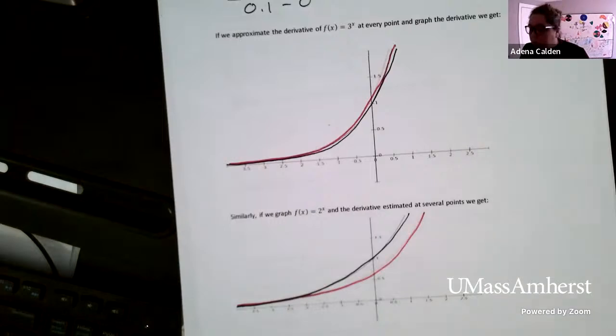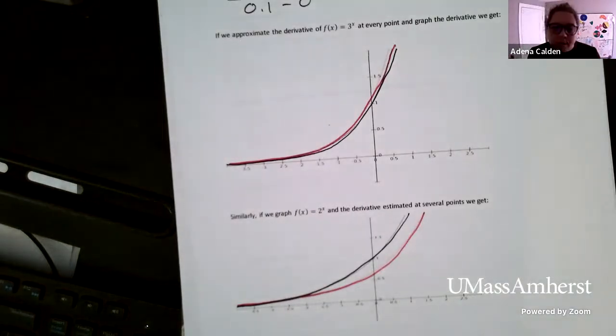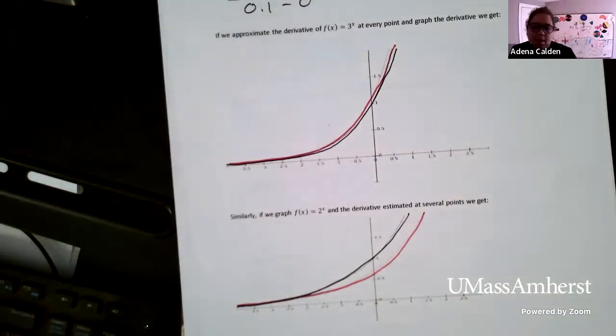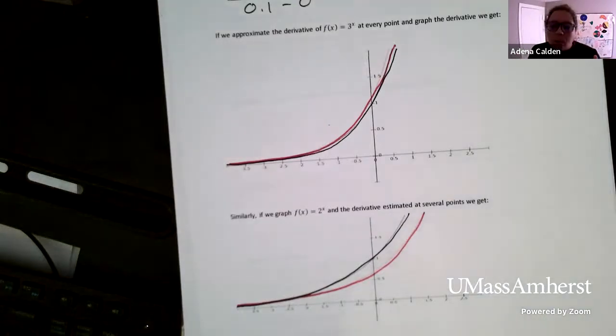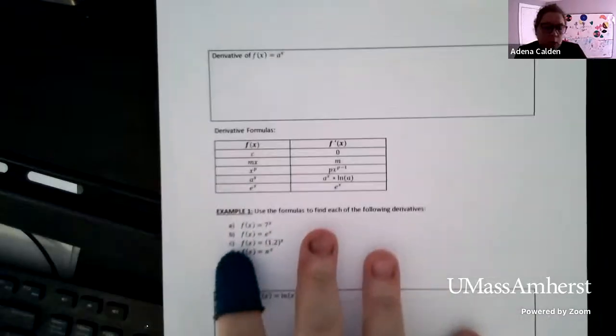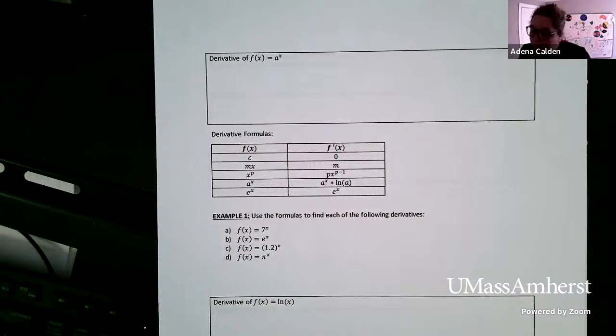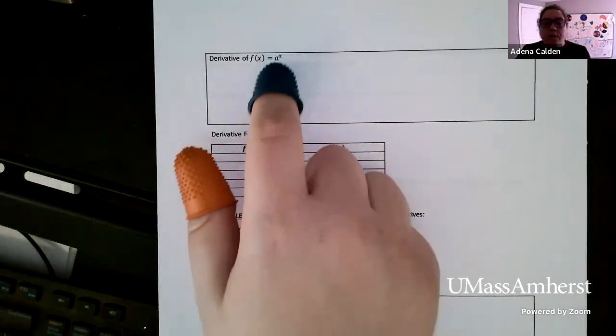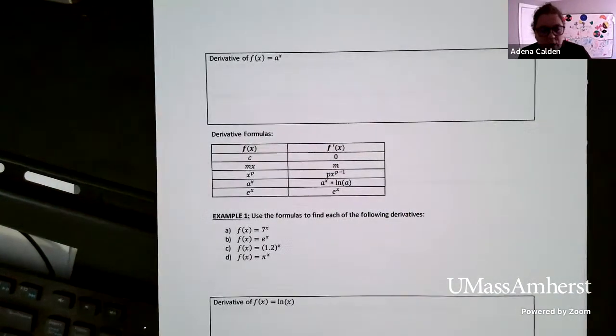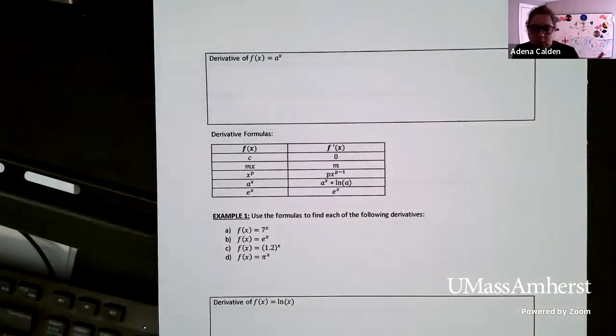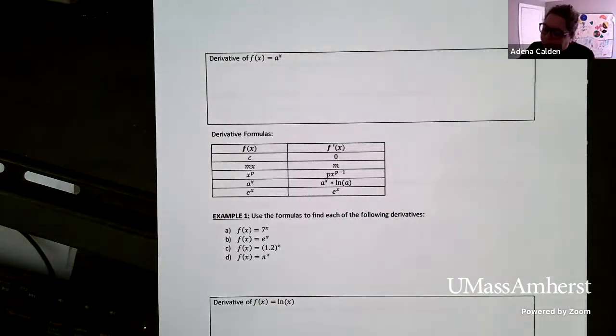It turns out if you were to do this for 4 to the x, 5 to the x, 6 to the x, a whole lot of these exponential functions, there's a pattern. And when we get patterns, that's how we get formulas. So here we have the function a to the x, a general function with a base a. So a could be 2, 3, 4, whatever it may be.